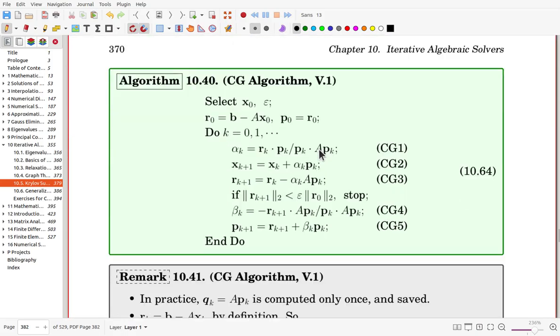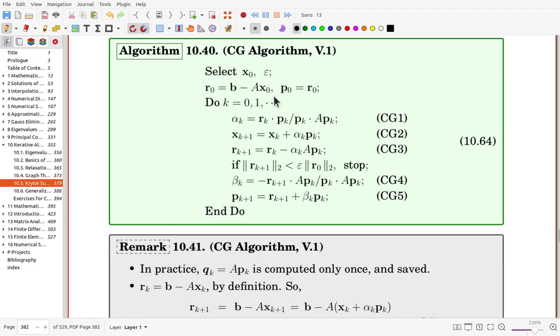Here is the algorithm. This is the very basic form of the conjugate gradient method. Okay, I'll explain this one step by step. Okay, now initial guess for the solution and epsilon for stopping tolerance. These are given.